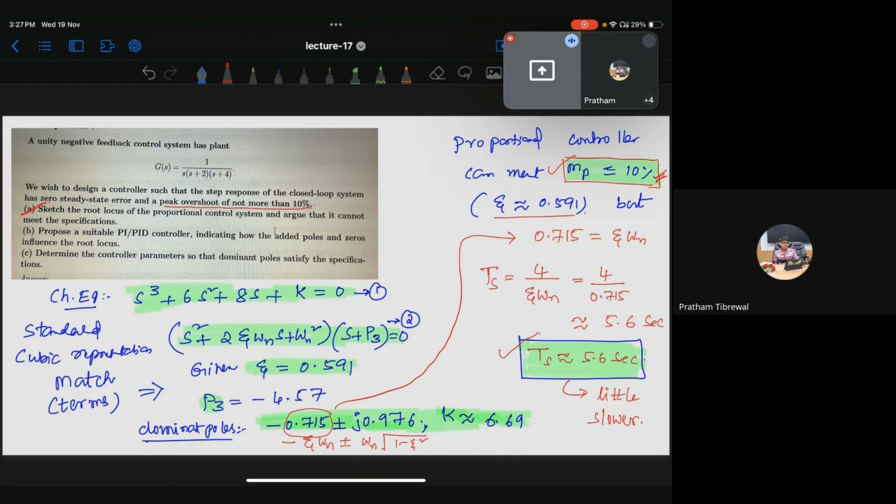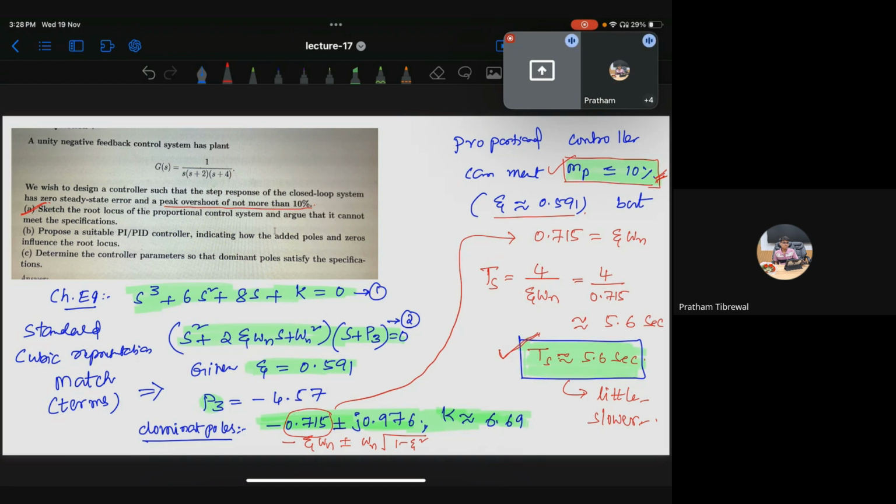Her question is how we are deciding 5.6 is very high. That's why I said it is a little slower. Generally, for systems, 5 seconds is considerably high. Why? Because suppose you consider your RL or RC circuits, and see their settling time.